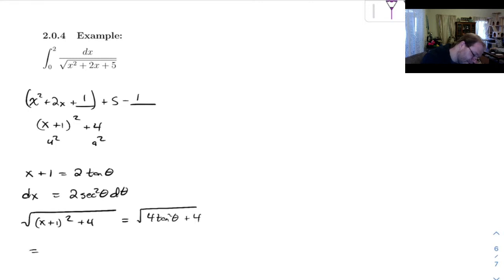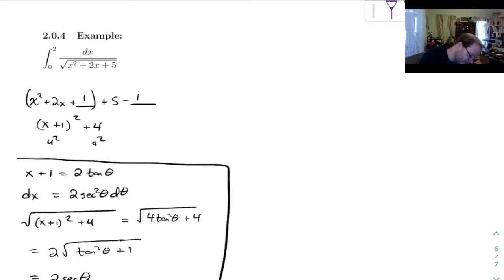So I can factor the 4 out. If I bring it outside, I get 2, and inside I've got tan squared plus 1. Tan squared plus 1 is secant squared. Take the square root, you get 2 secant theta. So I'm going to put a box around all my substitution stuff.